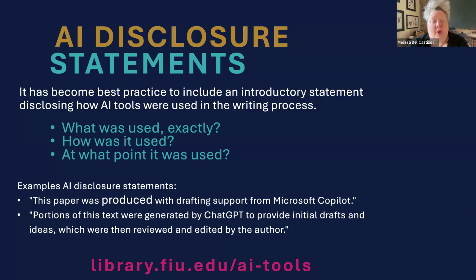When you publish an article, you can go to the journal, and they usually have some type of AI disclosure statement rules. So what you can do is follow this kind of loose structure. What was used exactly? Even include the full name, not just saying generative AI, but saying Microsoft Copilot.